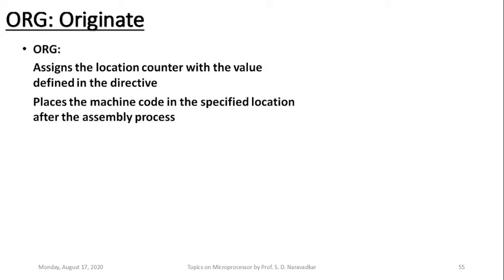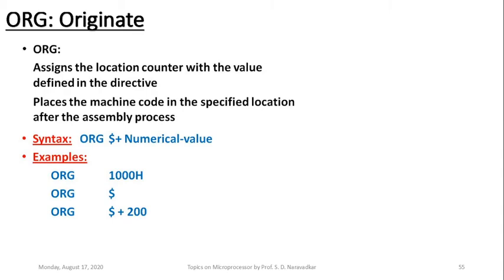And this ORG, originate, assembler directive helps to place that assembled machine code into proper memory locations, and then the execution can continue thereafter. So here is the syntax: ORG dollar plus numerical value. Some examples are given just below.